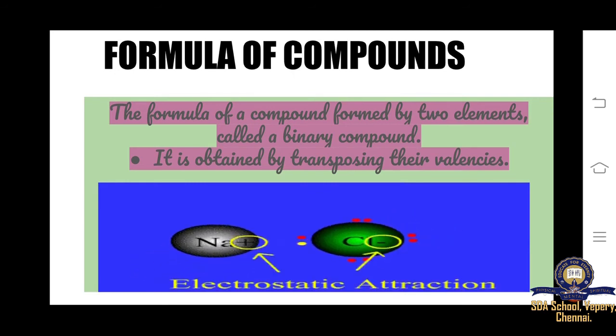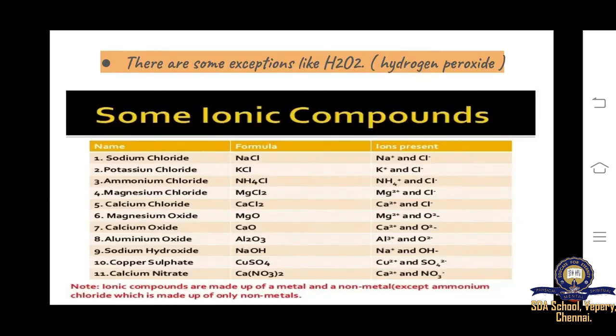We can say it is common salt or table salt. There are some exceptions like H2O2. For the formation of H2O2, this exception takes place, that is the transposing of electrons.